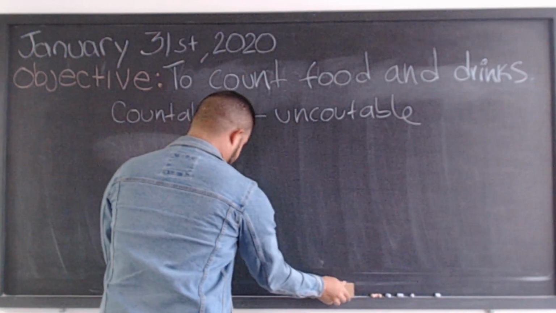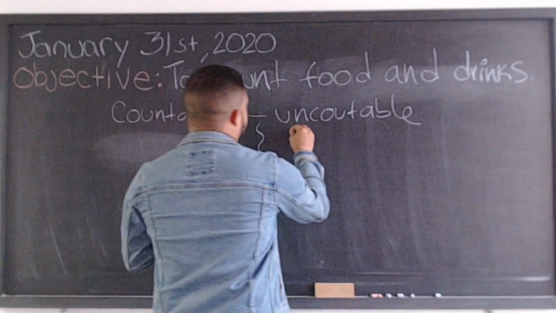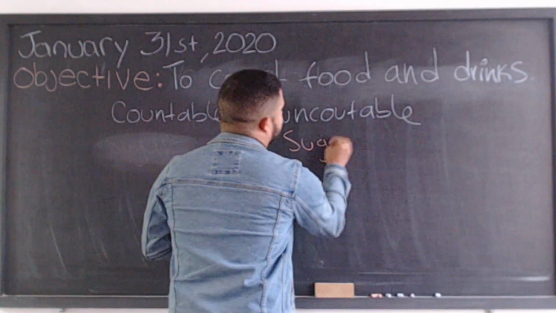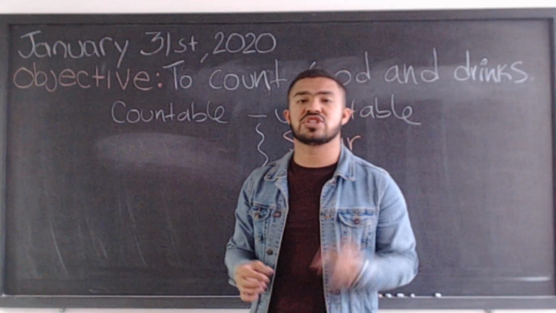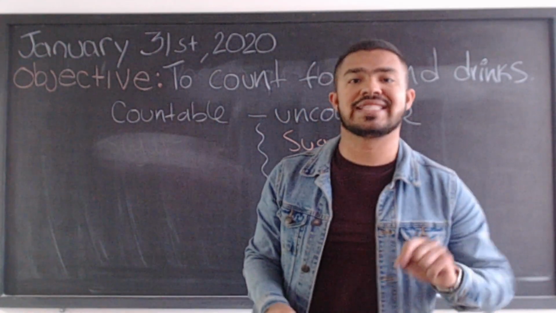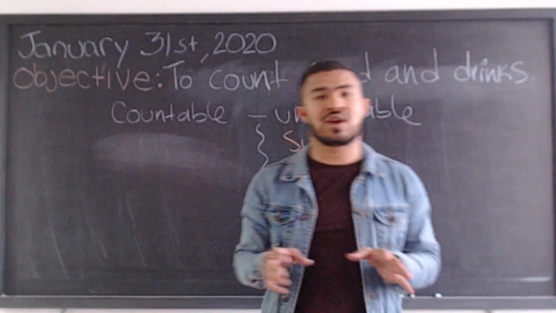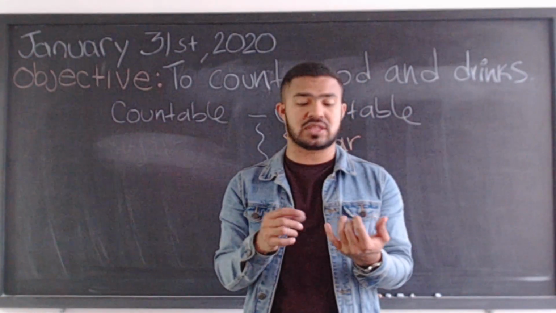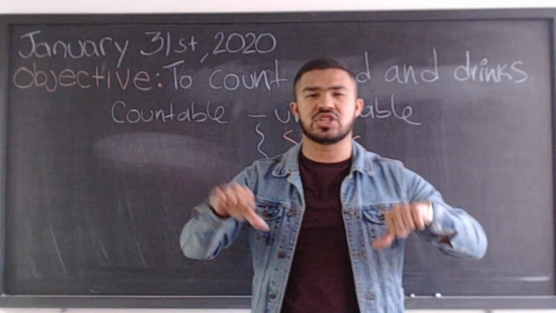Let's separate both, and we're going to say that sugar, which is azúcar in Spanish, is uncountable in English. It means that I can't count the sugar with my fingers, so I can't say 1 sugar, 2 sugars. That's not good to say in English, okay?